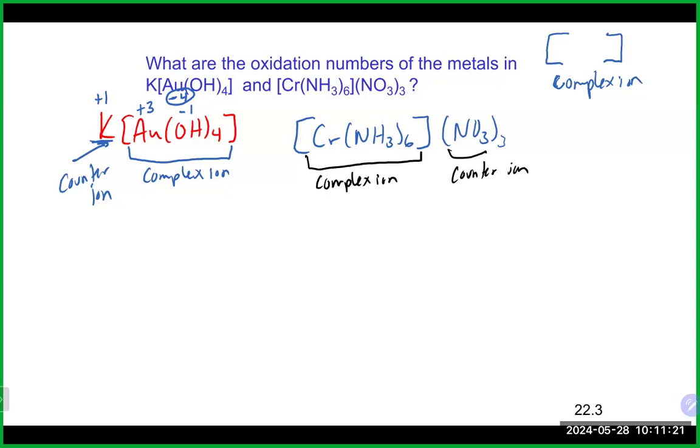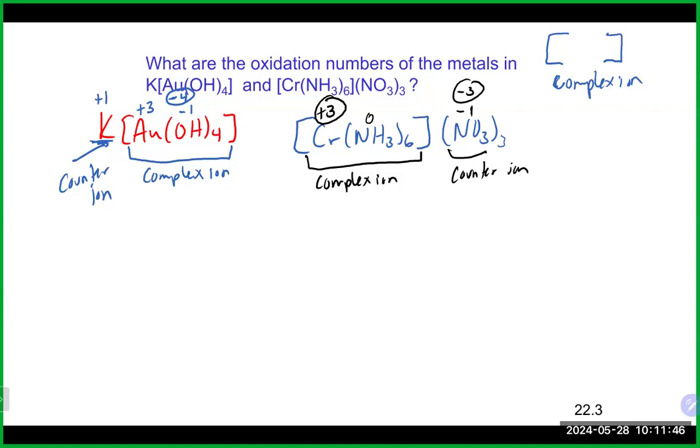So starting with ammonia, ammonia has no charge, right? It's neutral, so not +1. It's not ammonium. That's NH3, which is ammonia. NO3 is nitrate, and that's -1, and there's 3 of them, which gives you a -3. So it balances out here. The chromium is rolling with a +3 charge in this case.